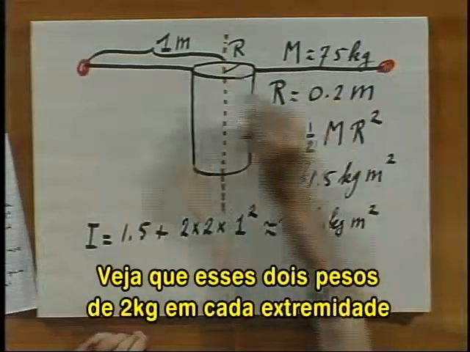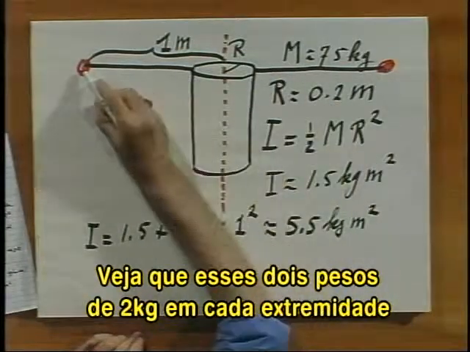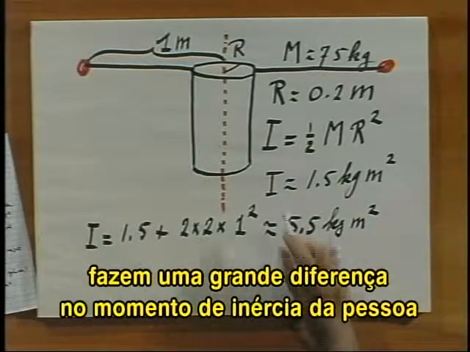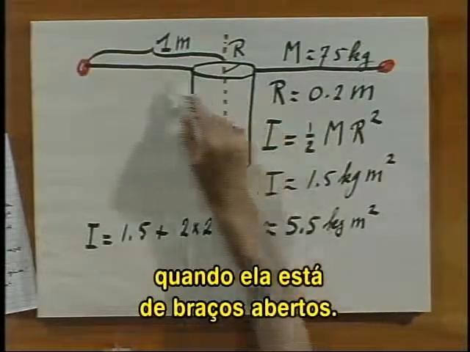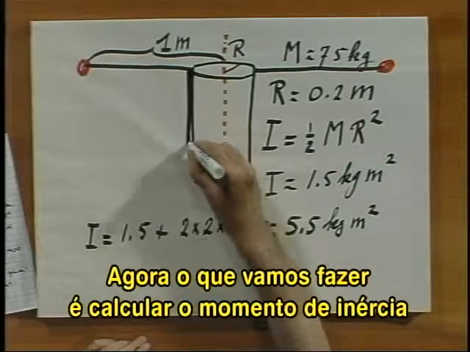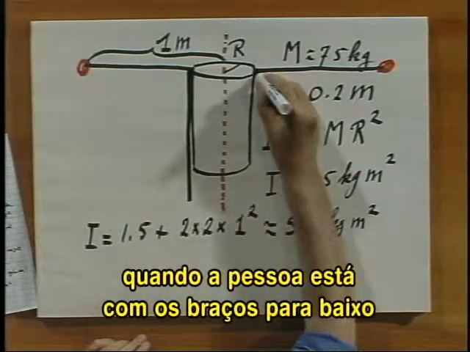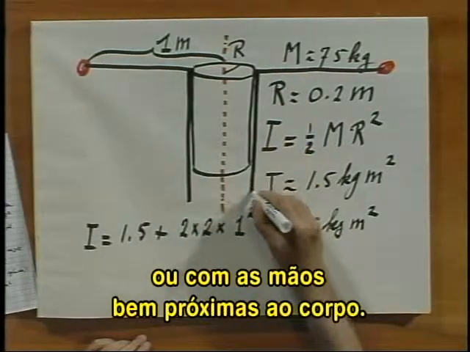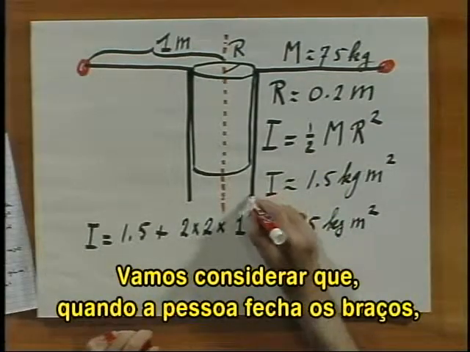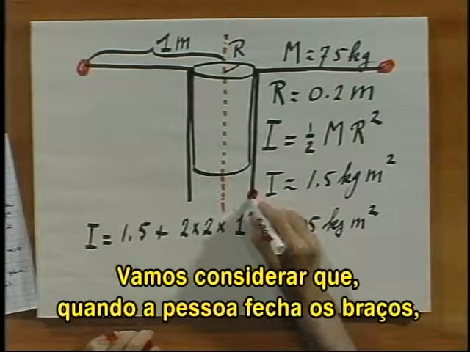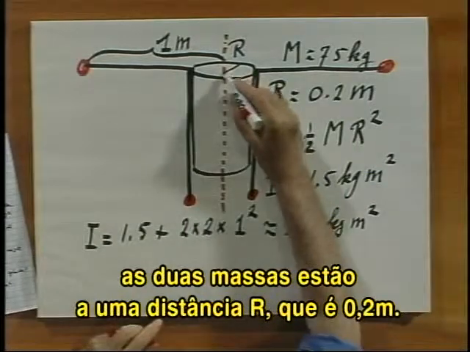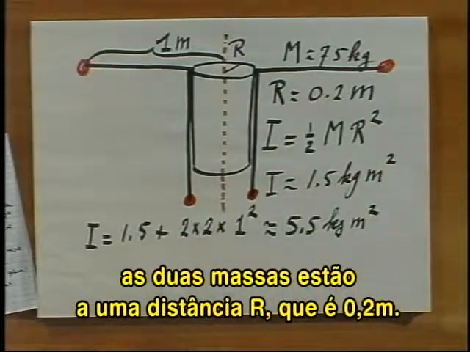You see that these two weights, 2 kilograms here and 2 kilograms there, make a huge difference in the moment of inertia of the person, as long as she has her arms stretched. Now we're going to calculate the moment of inertia when the person has her arms down, or her hands very close to her body, and we will assume that when the person pulls her arms in, the two masses are at a distance capital R, which is the 0.2 meters.